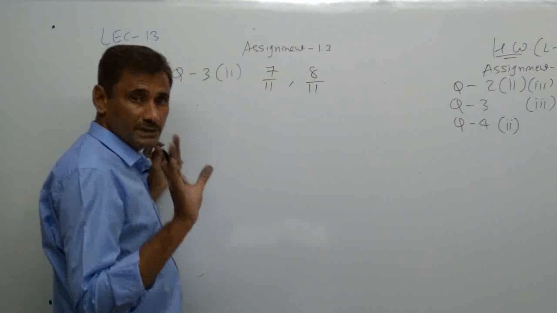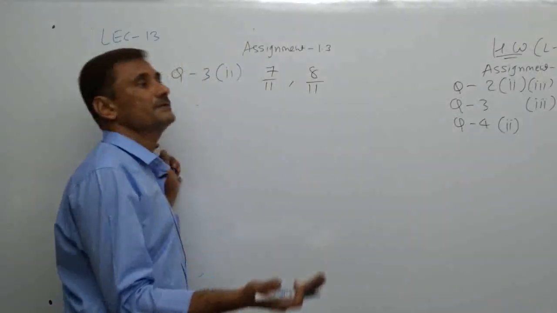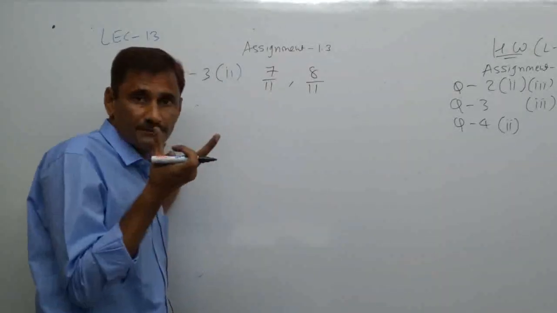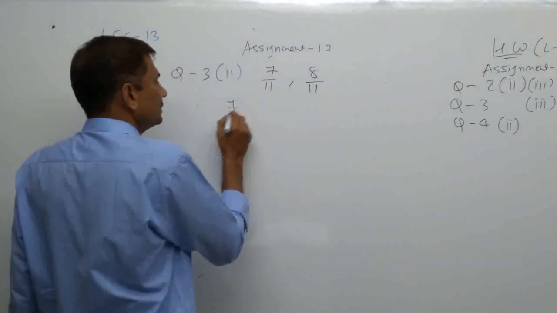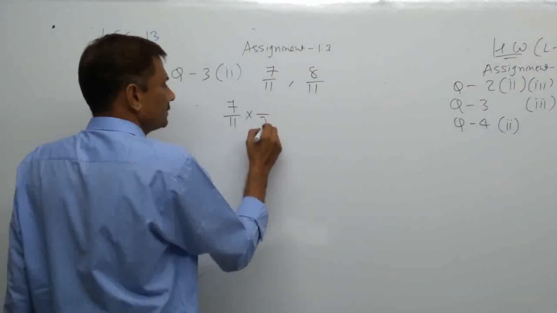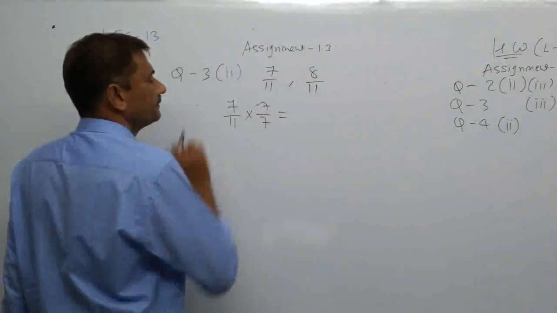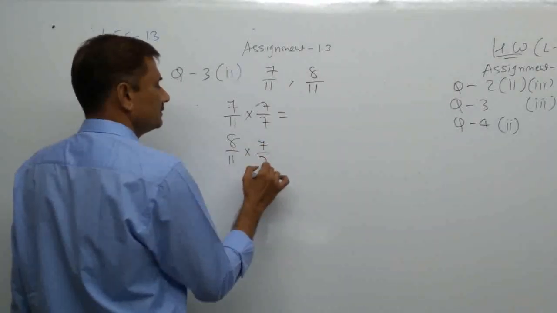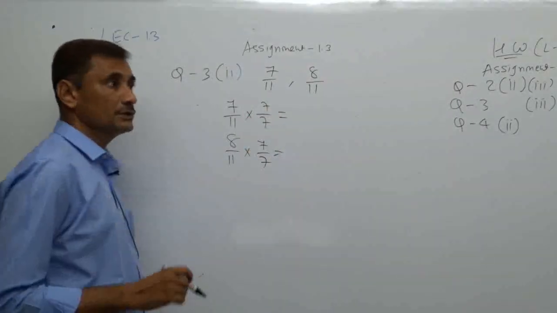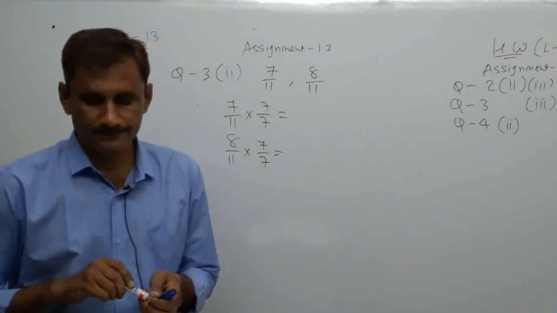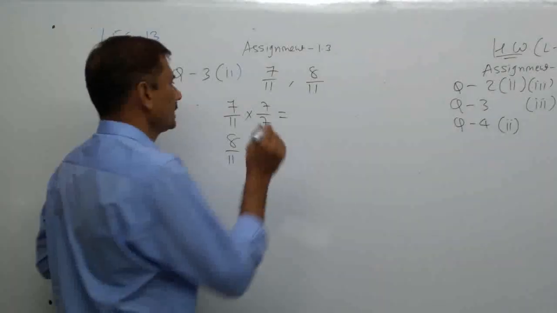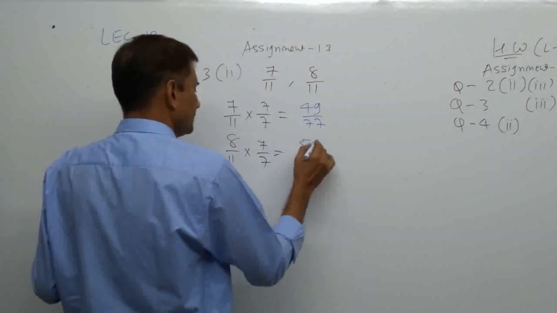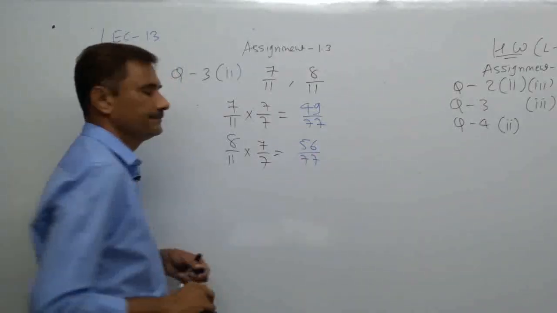It is not fixed to multiply by 7. You can multiply by more than 7 also. But minimum 7 should be there, otherwise you will not have enough gap. So 7 by 11 into 7, same way 8 by 11 into 7. Why 7? Because 6 numbers are asked. 49 upon 77, 56 upon 77.